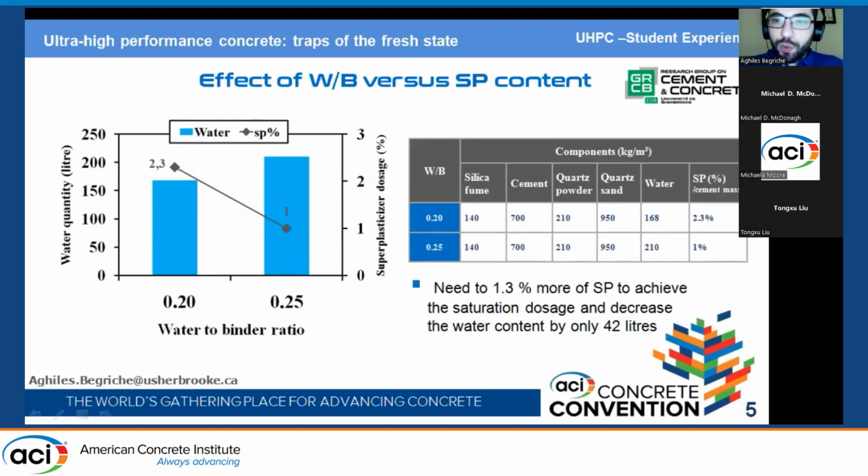The second with 0.25 water to binder ratio and a superplasticizer saturation dosage of 1%. We can note that we need an additional 1.3% more of SP by mass of cement to achieve the saturation dosage. So we increase it more than 100% to decrease the water content by only 42 liters.